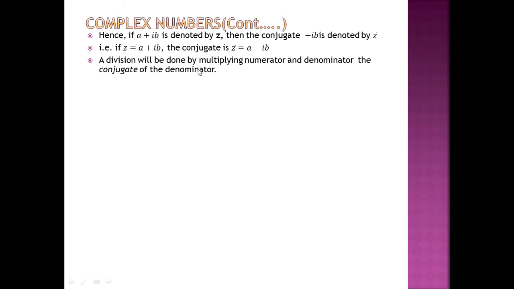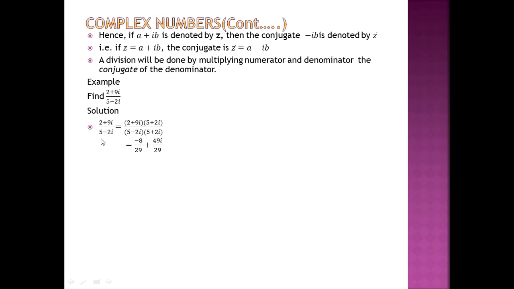Division will also be done by multiplying the numerator and the denominator by the conjugate of the denominator. You can see the example below. We have to find the division of this one: 2 plus 9i divided by 5 minus 2i.